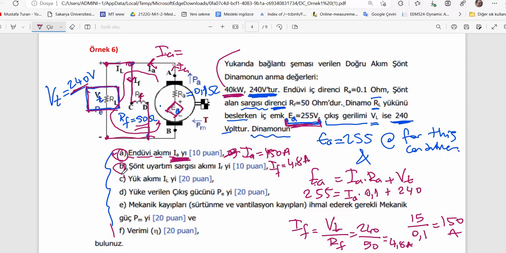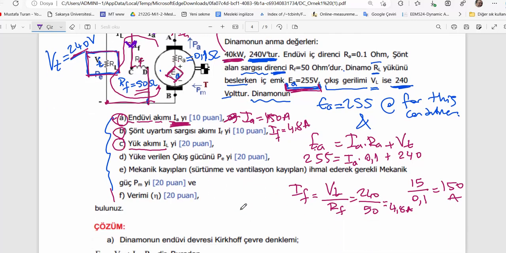Now, ladies and gentlemen, third question: what is the load current? Houston, take care. Here 150 amps come into the node and 4.8 goes down here. The rest of the current supplies the load. So it is very easy.